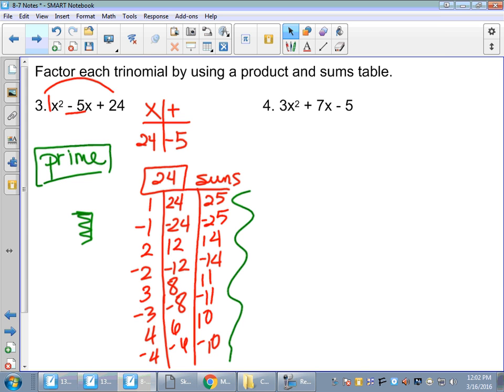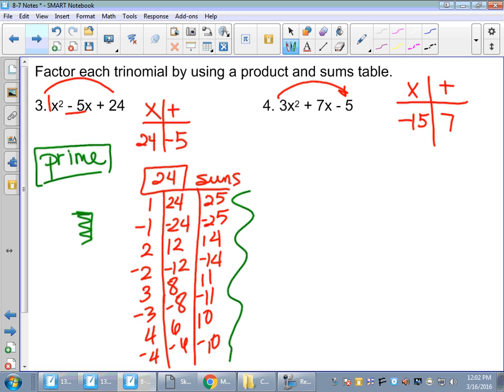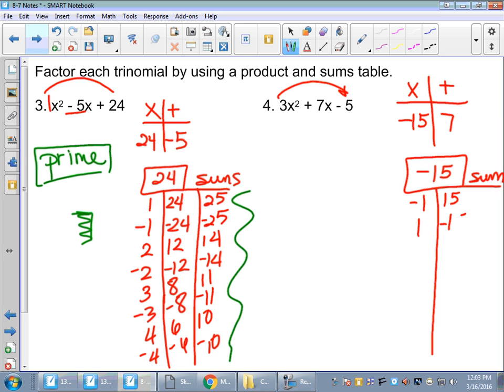Number 4, we're looking for what multiplies to give me -15 and what adds to give me 7. So if you go on your chart and look at -15, when you have negative numbers and you do the products, you're going to write one positive, one negative. So a -1 with a +15, but how about a +1 with a -15?